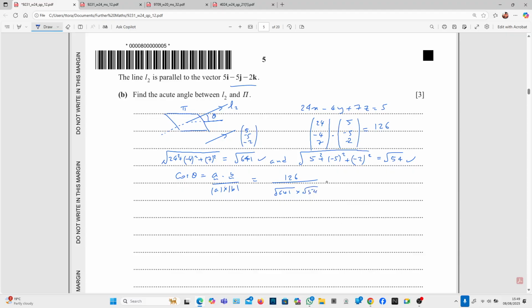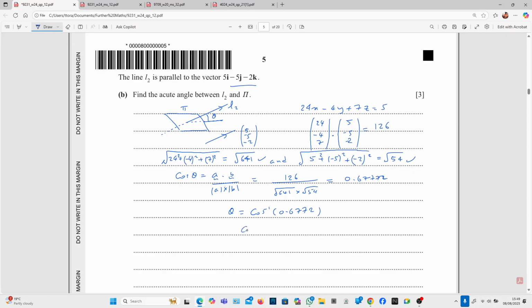If you do this in a calculator, you should get 0.6772 something. And so θ is equal to cos inverse of 0.6772.